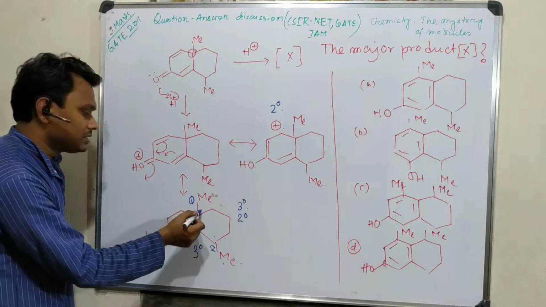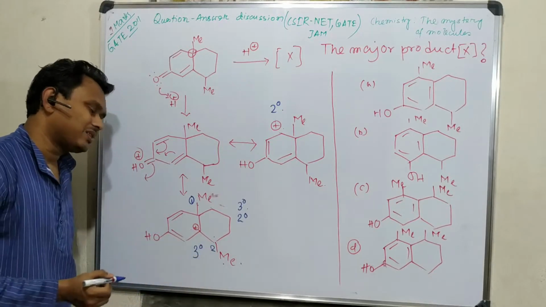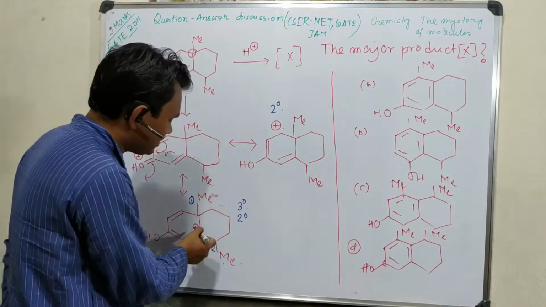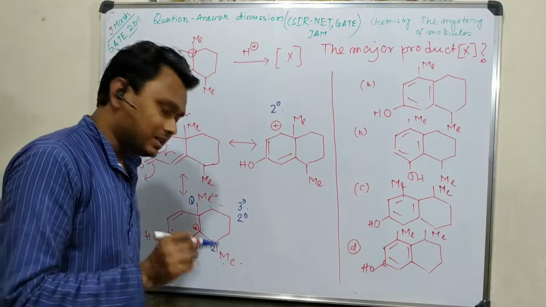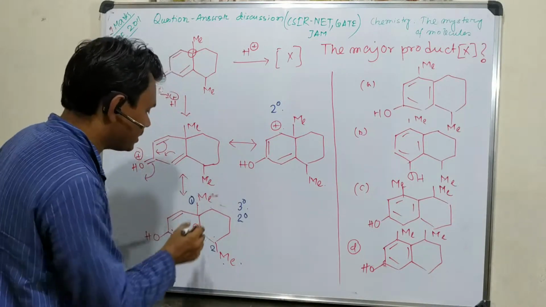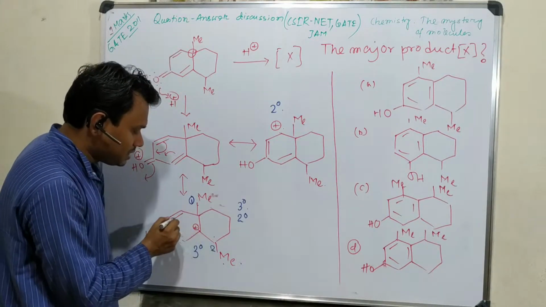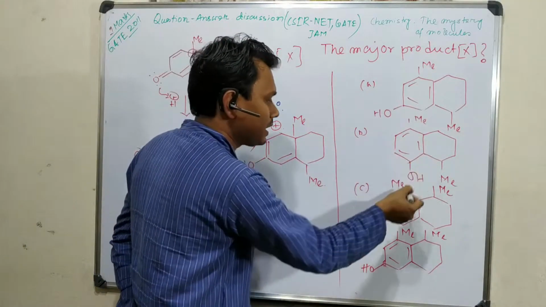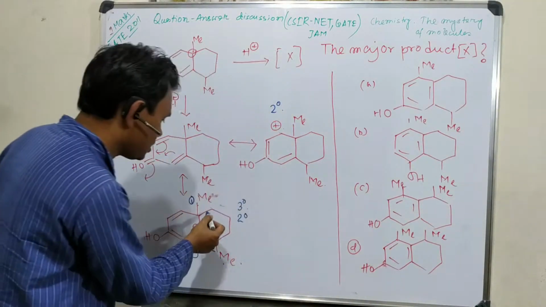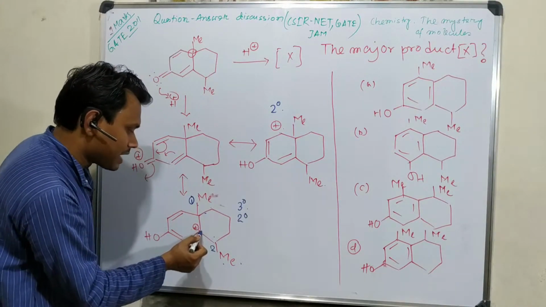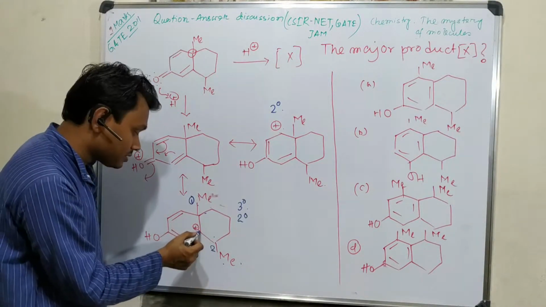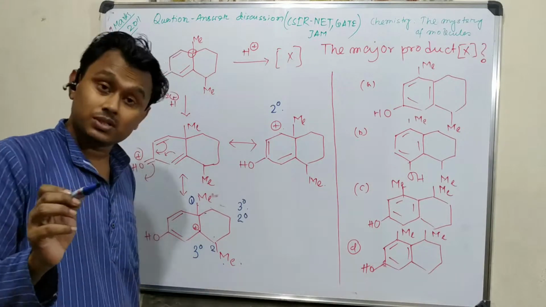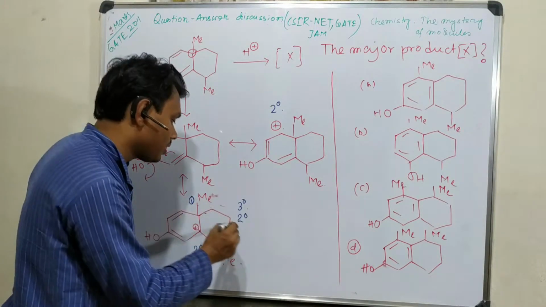Another thing, the ring could migrate, but that will not give that much stability because it will again create a crowding situation. And if the ring migrates, it is not possible to have aromaticity, and you can see that in every other case this benzene gets aromaticity. So if the ring migrates, aromaticity will never be achieved, because this carbon will be attached to 4 carbon centers, 5. So it will not happen.